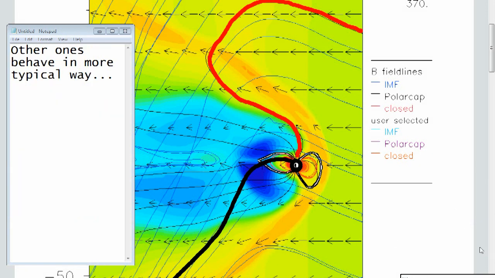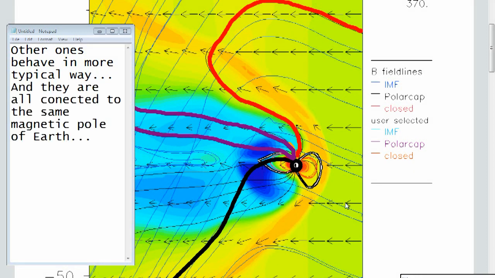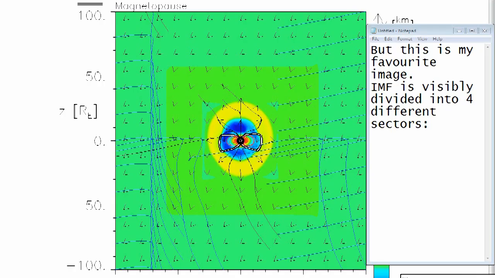Other ones behave in a more typical way. And they are all connected to the same magnetic pole of Earth. But this is my favorite image.